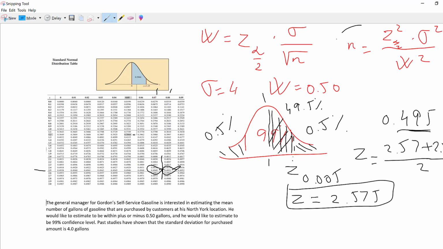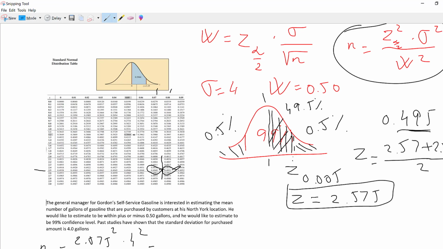Right now we have everything to compute the sample size. So if we are using this formula, we have the critical value 2.575 squared times the standard deviation squared, so 4 squared, divided by margin error squared.